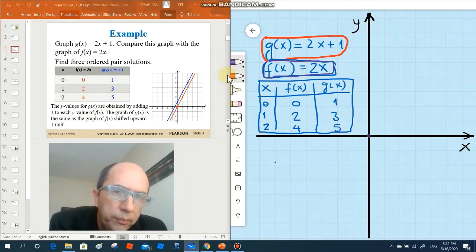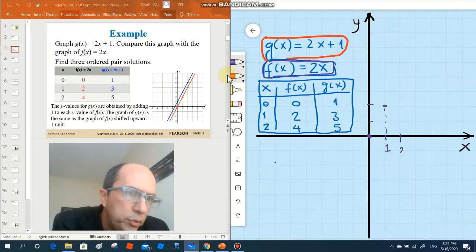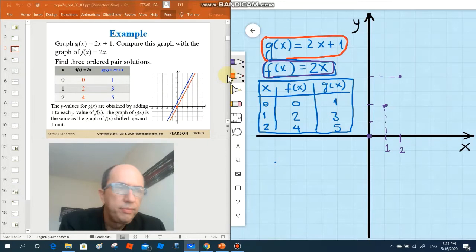(0, 0), then (1, 2), and (2, 4). So this is f(x).